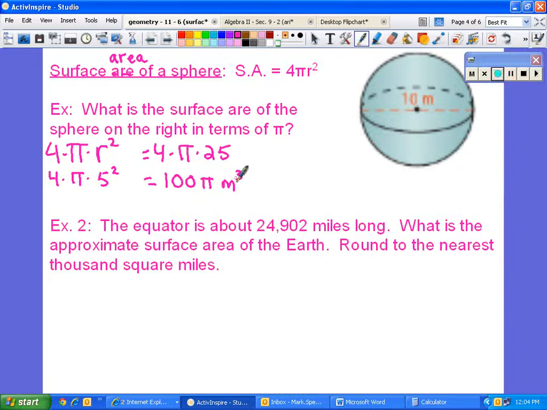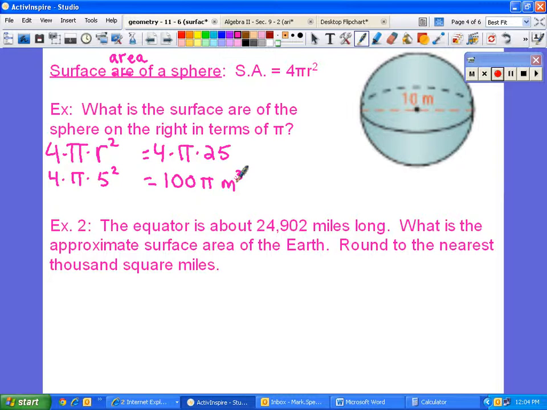The great circle. So the equator is actually the circumference of the circle. So they're not really telling you the radius if they're giving you the circumference.